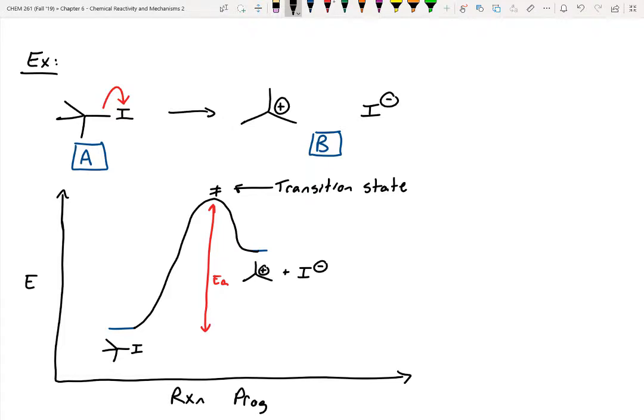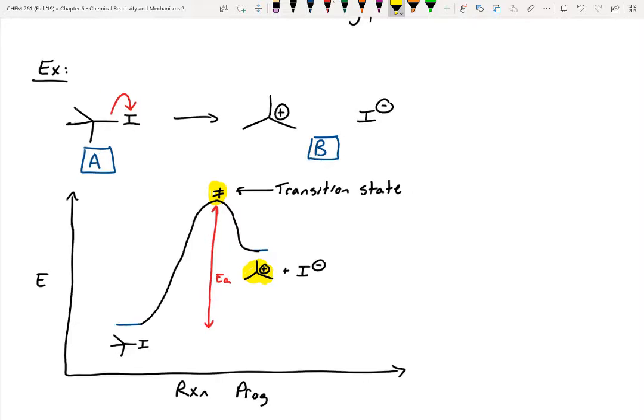So my question for you is, this transition state, do you think it's going to be more similar to our products or our starting materials? Products, right? It's going to be more similar to our products. Why? Because it's closer in energy, right? So our transition state's likely going to resemble this more than our starting material.